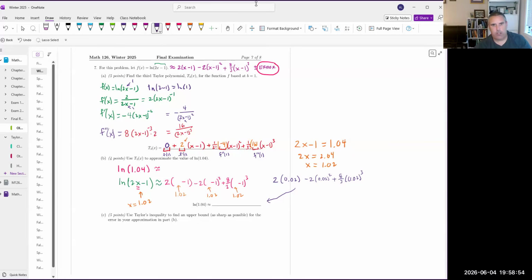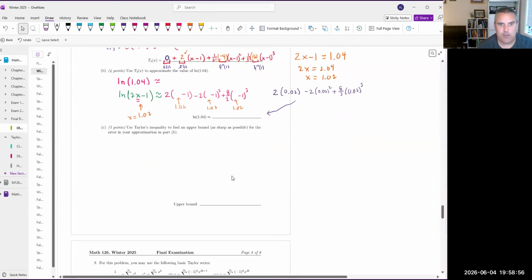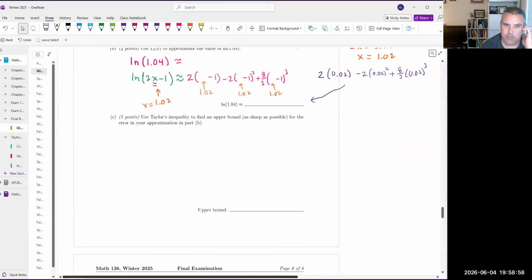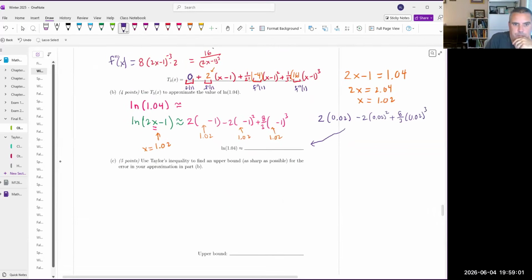To do the error bound, we now have to just fall into Taylor's inequality, meaning compute the next derivative. In this case, we need the fourth derivative. Find an upper bound, and then say that the error is less than or equal to this over 4 factorial.